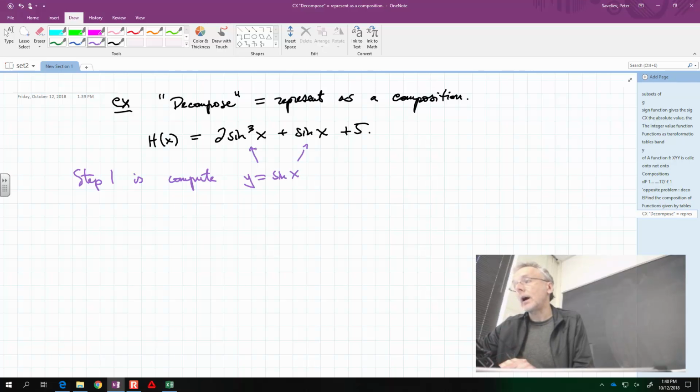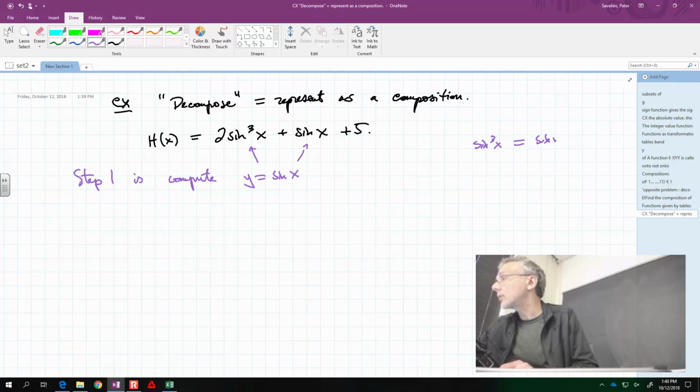And you know what sine cubed x means. Sine cubed x means sine x, cubed. If you've seen trigonometry before, that's the common way to put it, even though it is slightly misleading. So that 3 squeezed between sine and x, it is in fact you first compute sine and then you take the cube of it.